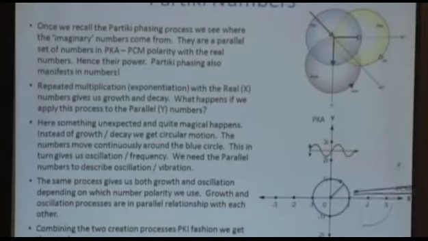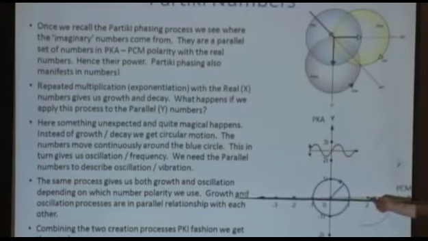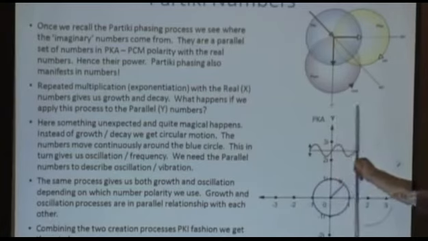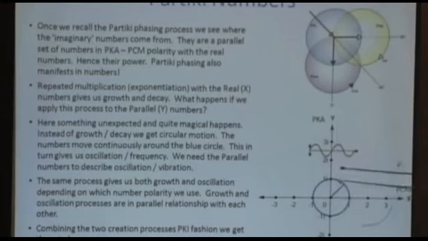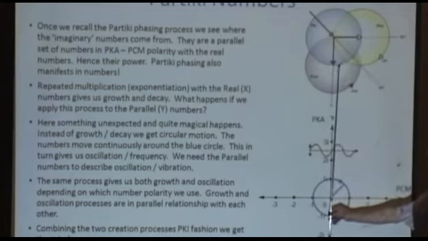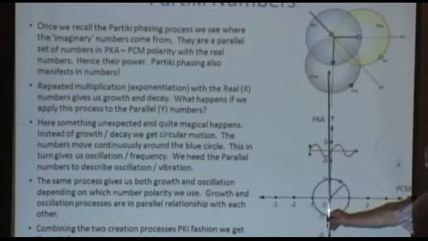So what we have here now is these numbers corresponding to expansion and contraction, and these numbers corresponding to rotation and oscillation. So these numbers here correspond to the oscillatory processes in creation.